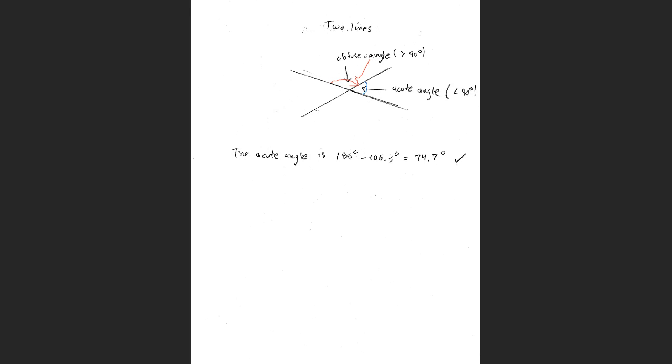Well, we need the acute angle, and if you add the acute angle and the obtuse angle, they have to add up to 180 degrees. I mean, look at the picture. This here is 180 degrees. And so the acute angle is 180 degrees minus 105.3 degrees, which is 74.7 degrees.